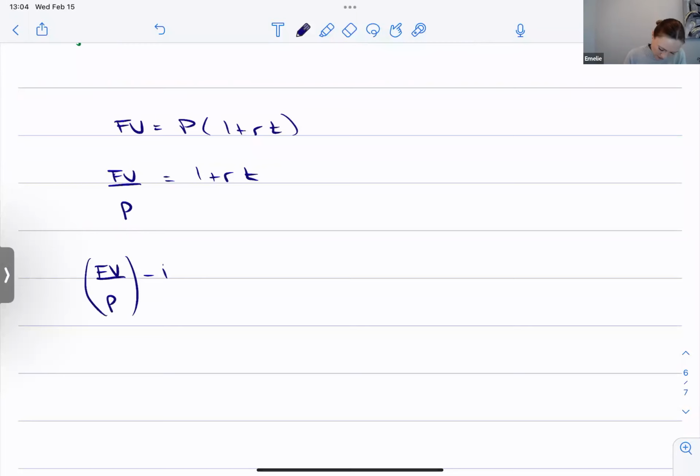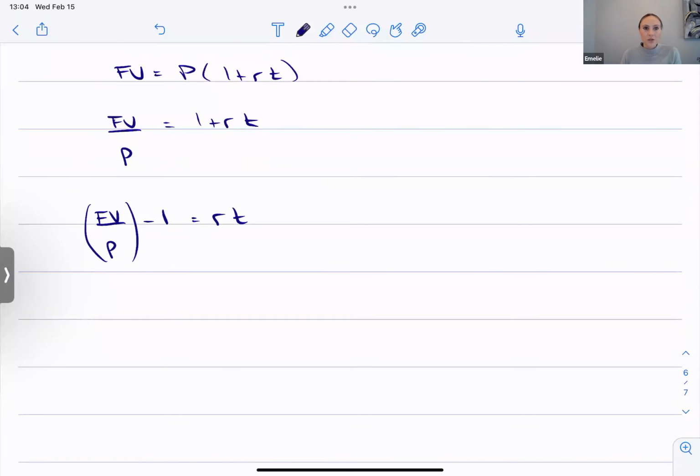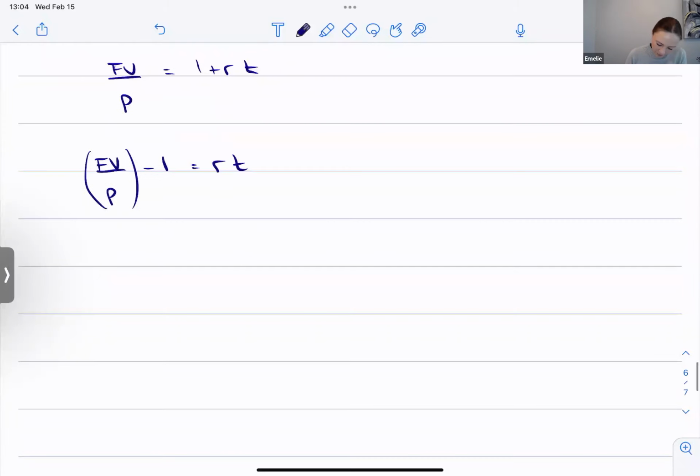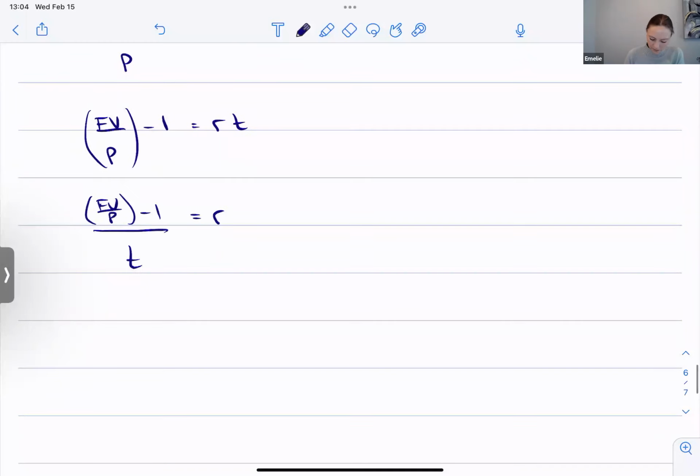So minus 1 is R times T. So to solve for R, what I need to do is I need to divide by T from both sides. So I get the future value over P minus 1 divided by T is R, right? And the future value divided by P minus 1 divided by R is T, right?